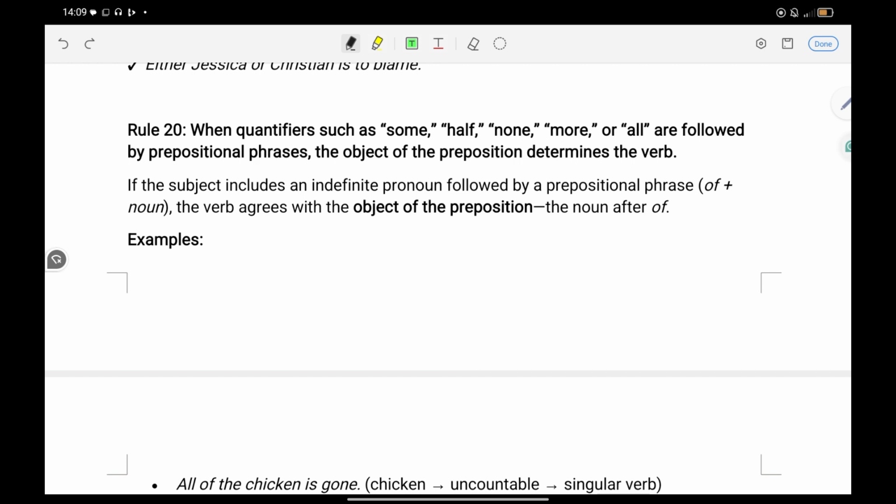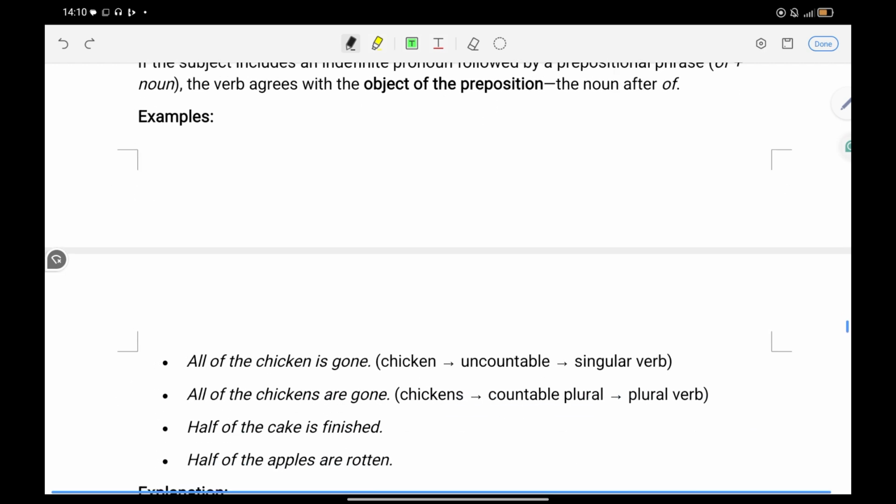But in a case when you have the prepositional phrase being preceded by a quantifier and not a subject, it is the object of that preposition that now determines the verb. So don't mix it up. If the prepositional phrase was preceded by a subject, it is that subject that would have influenced the verb. But when the prepositional phrase is preceded by a quantifier, it is the object of the prepositional phrase that determines the verb. Look at this example.